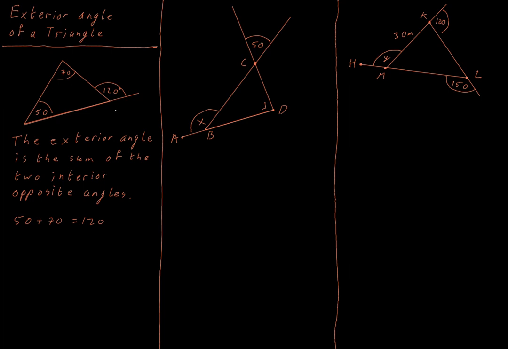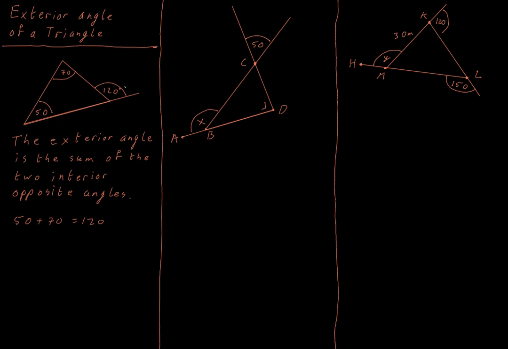A fact that we can fairly quickly derive from what we've already done is that the sum of the two interior opposite angles is equal to the exterior angle. So the exterior 120 degrees, when we continue out one of the sides of our triangle, the sum of the two interior opposite angles must give us this bigger angle here.